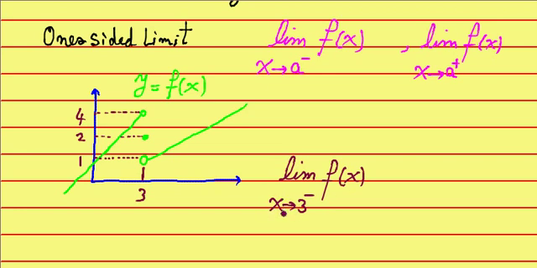This means pick a creature or an object that is traveling on the graph of this function. However, restrict his traveling such that his x comes close to 3 and stays below it. So I can walk on this thing.